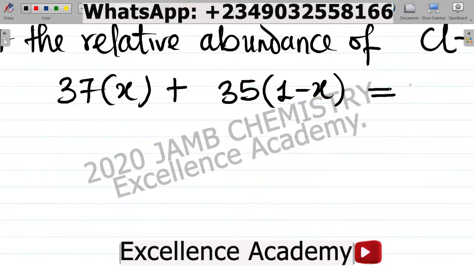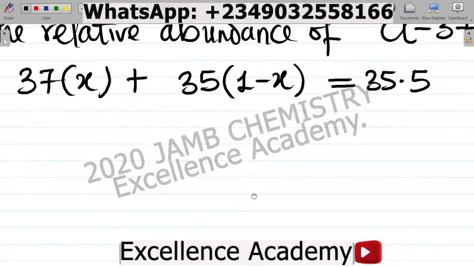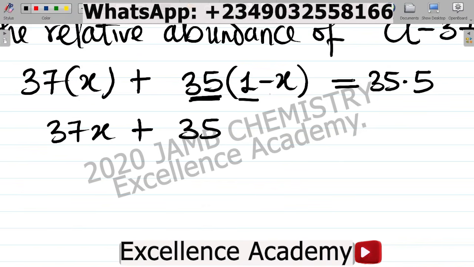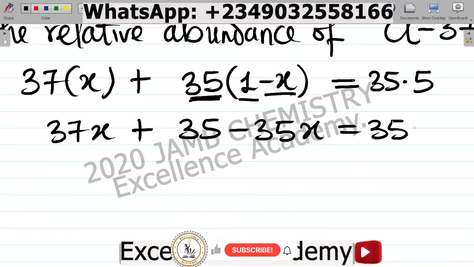So this is equal to 35.5. Let's multiply through. This gives us 37 times x gives us 37x, plus 35 times 1 gives us 35, 35 times minus x gives us minus 35x, is equal to 35.5.